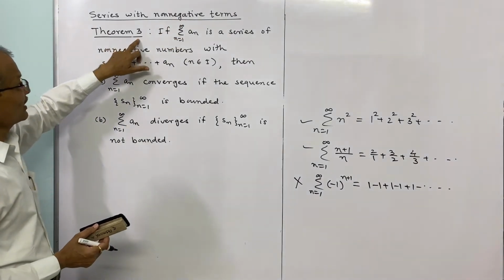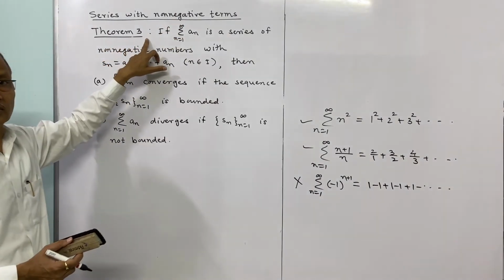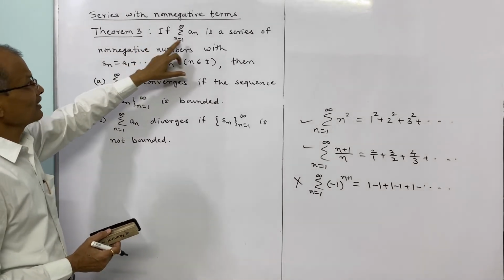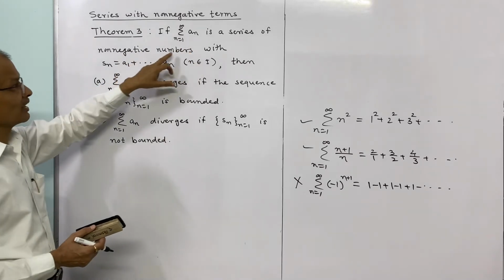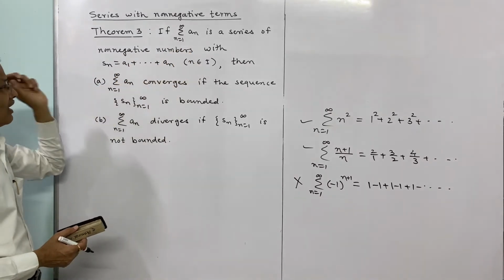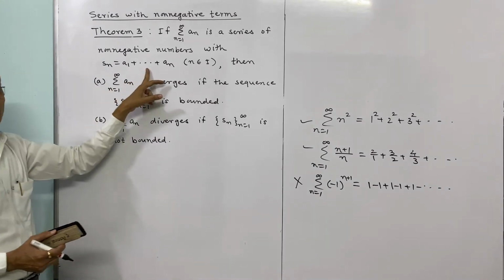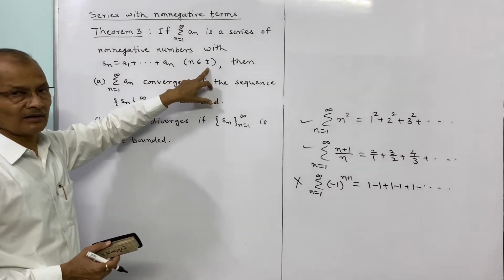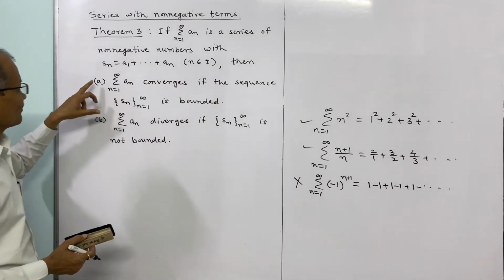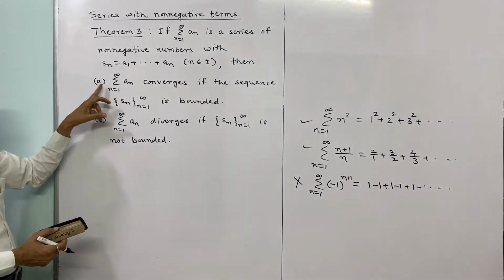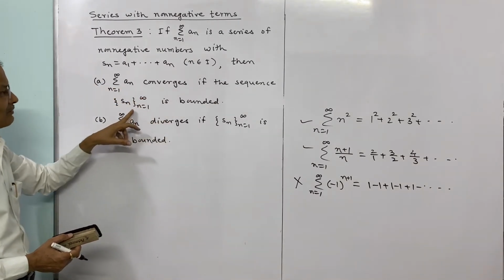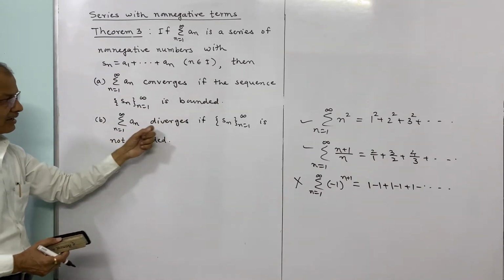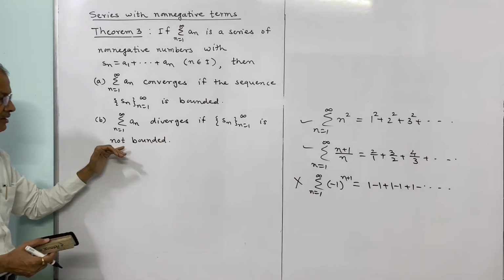Now the result we have written as theorem number 3, and the theorem is: if sigma an is a series of non-negative numbers with Sn, the sum of the first n terms, a1 plus a2 up to an, n belongs to the positive integers, then first, sigma an converges if the sequence Sn is bounded, and second, sigma an diverges if Sn is not bounded.